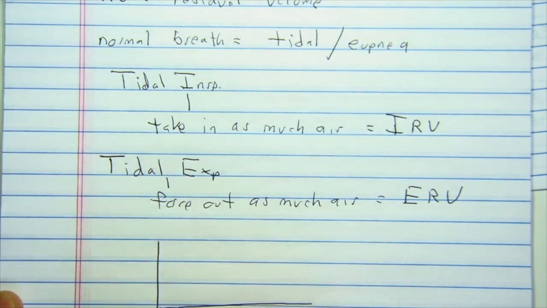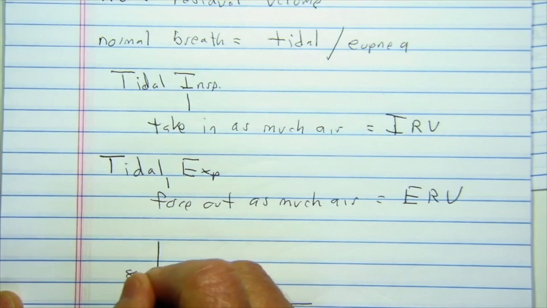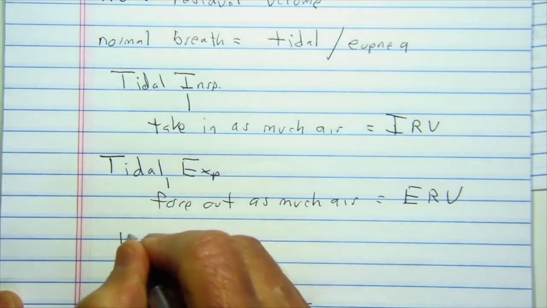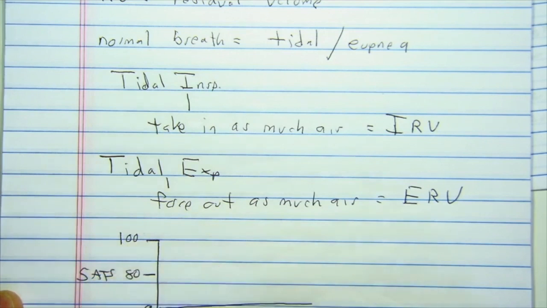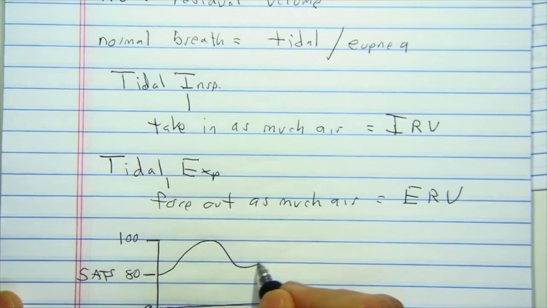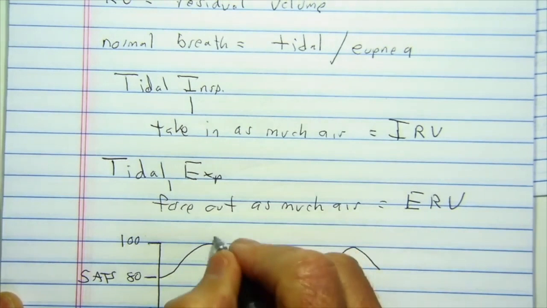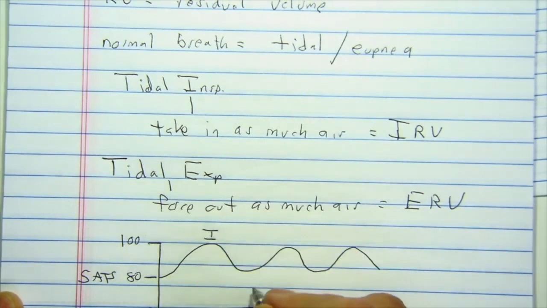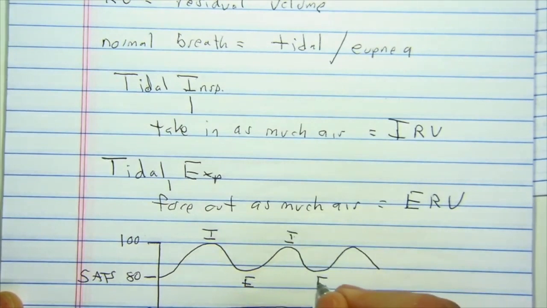But if we said this was 0, and this was 80, and this was 100%, and that's saturations, or sats, and let's just say, does it look like this? So I always ask, does the plethysmograph look like this, which means this is an inspiration, and that's an expiration, and that's an inspiration, and that's an expiration?